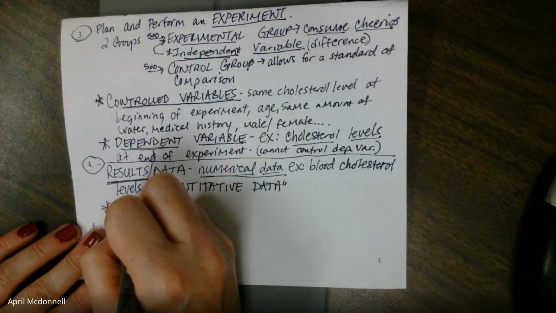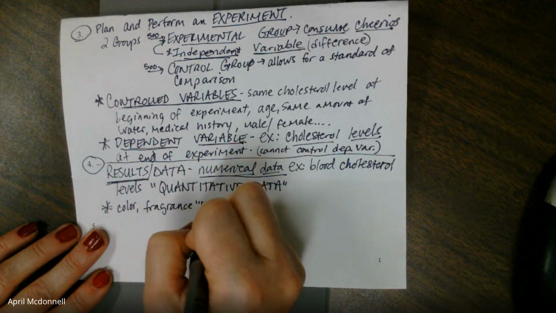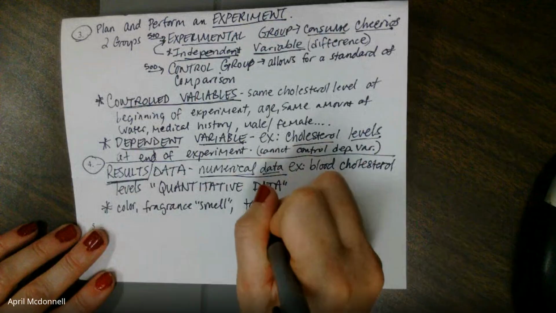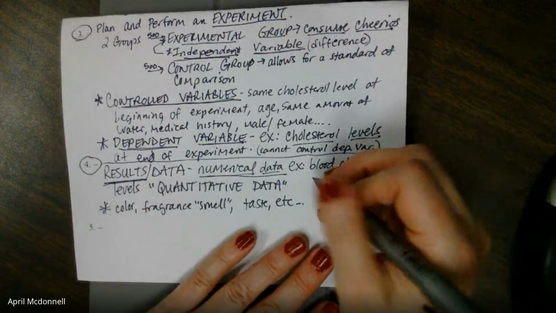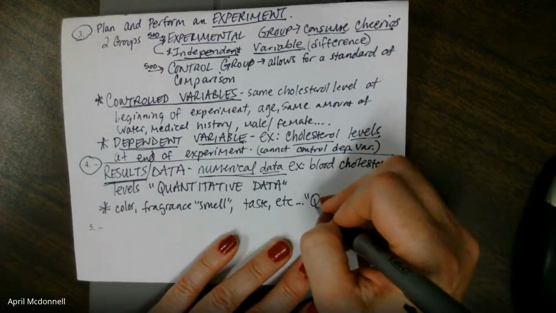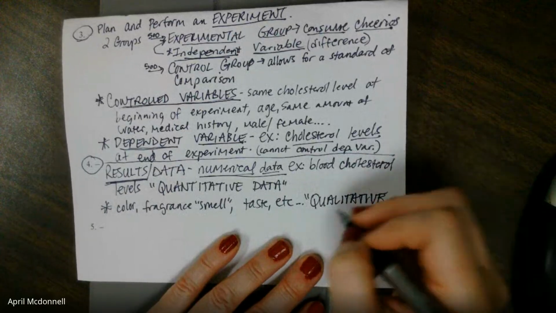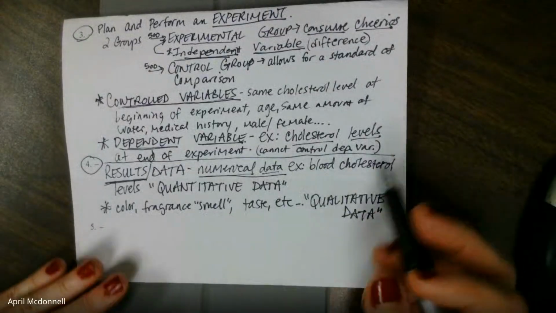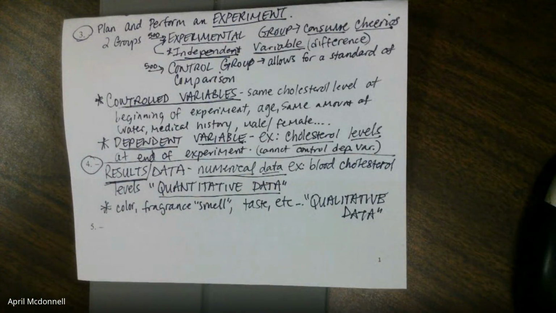If you're looking for color or fragrance, which is basically smell, or taste, basically anything that uses your special senses, that's called qualitative data since it is not numbers. But in our Cheerios experiment, we are collecting quantitative data, and that's going to be our results.